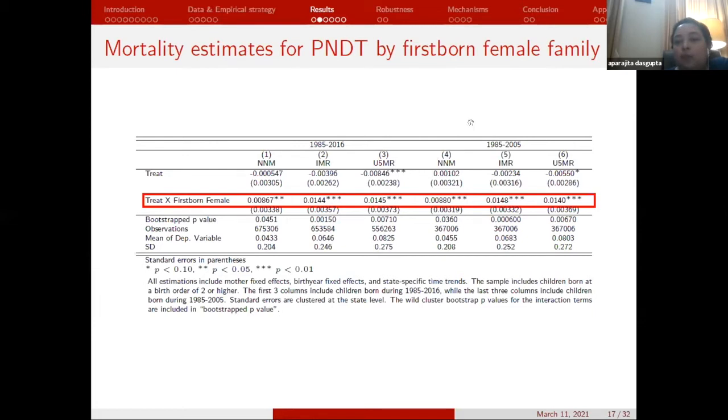We think this is a more comparable group. And as you can see from the bootstrap p-value, these are all highly significant. Our hypothesis was that if female firstborn families are more affected by the bans, the mortality is going to increase relatively more in these families post ban, and this is what we find.